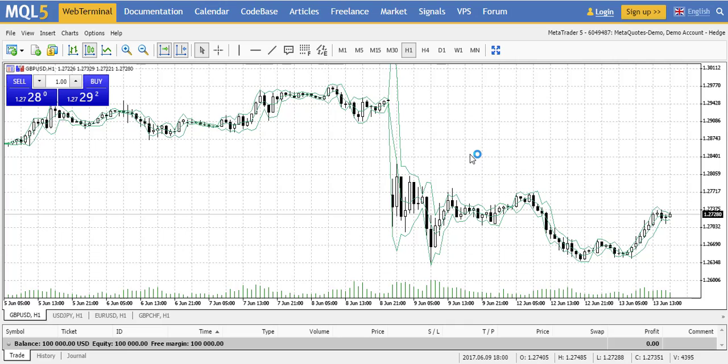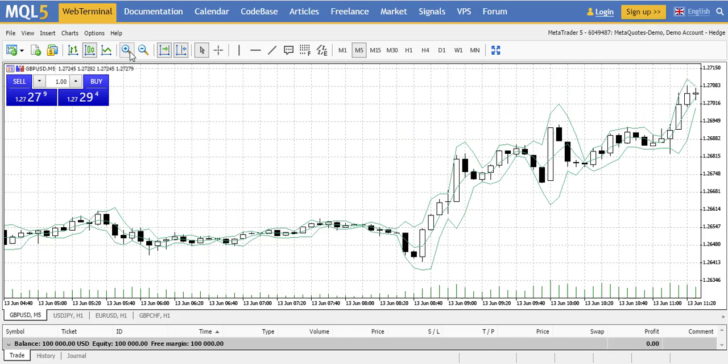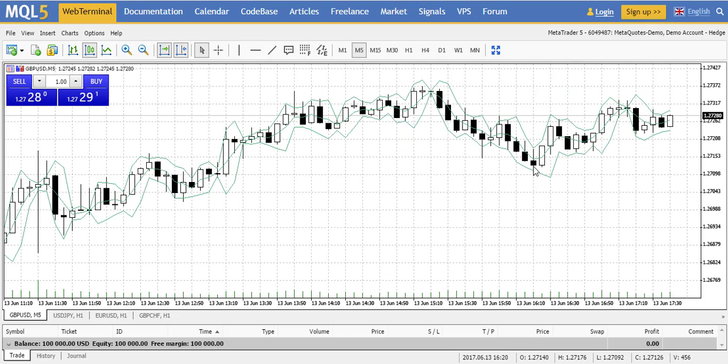All right, so this is the hourly chart, which doesn't really give us anything because I'm trading short terms. So let's switch to the 5-minute charts.